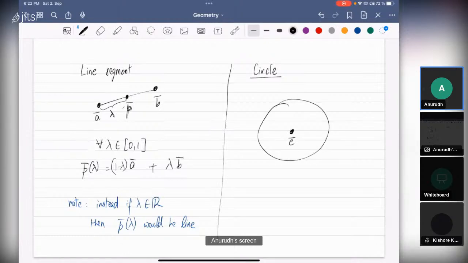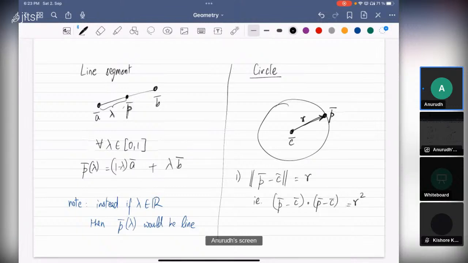So let's say I have the center of my circle at C, and let's say P is a point on the circle, and the circle has radius R. So one way to do that is by just saying that the length of this vector is R, so that is, P minus C dot P minus C is R square, right?